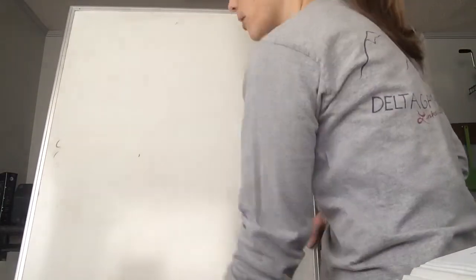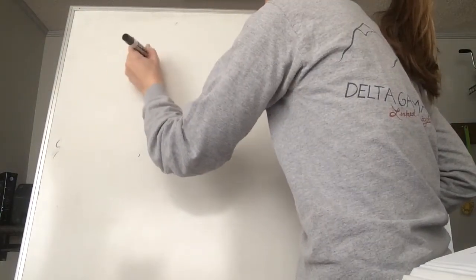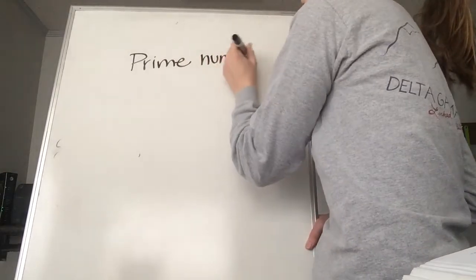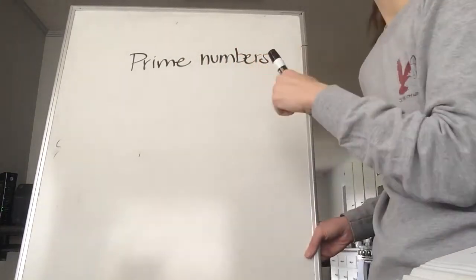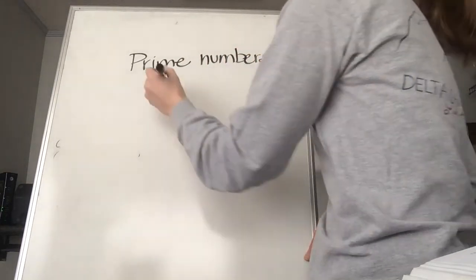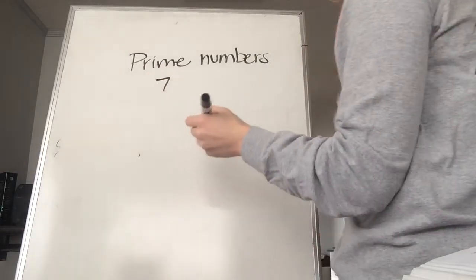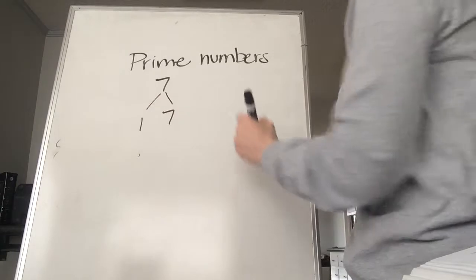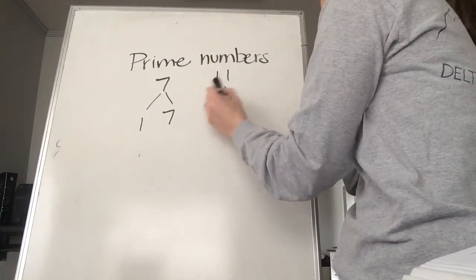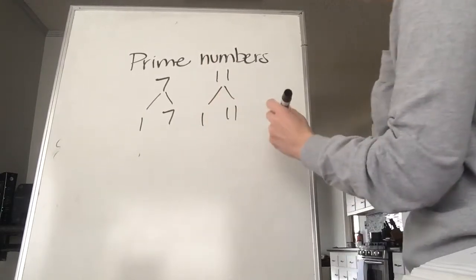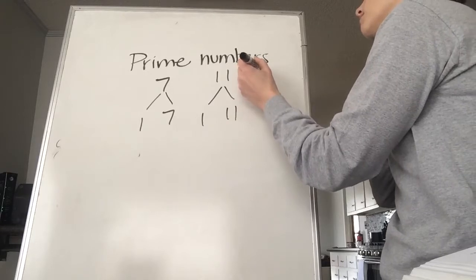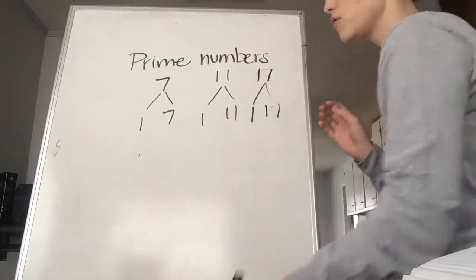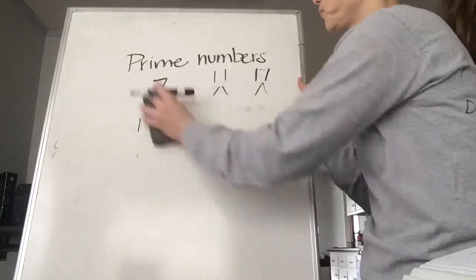So a prime number cannot be divided by any other numbers except itself and 1. So 7, there's no other multiples of 7 other than 1 and 7. 11, just 1 and 11. 17, same thing, 1, 17. So nothing else will go into it.